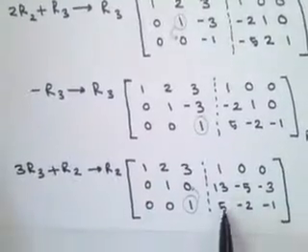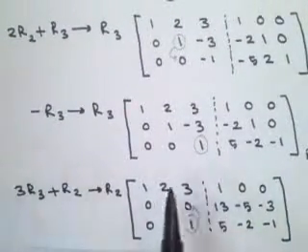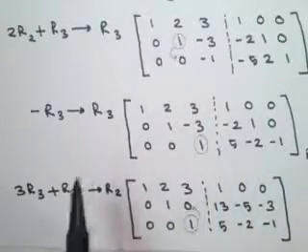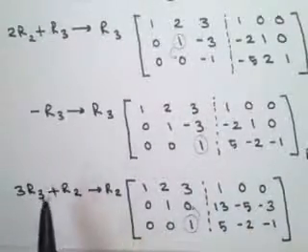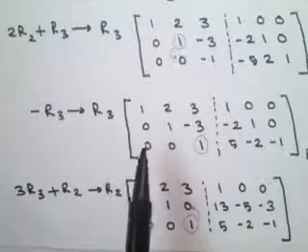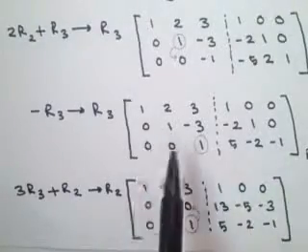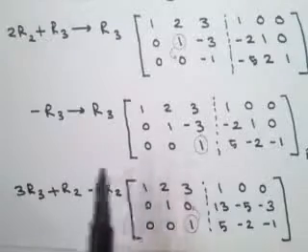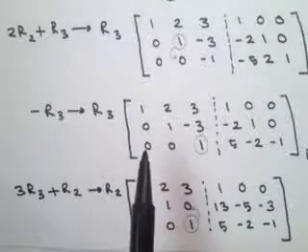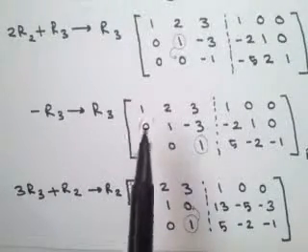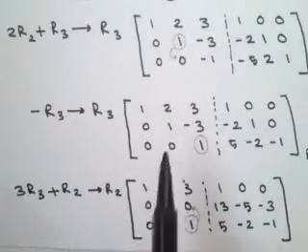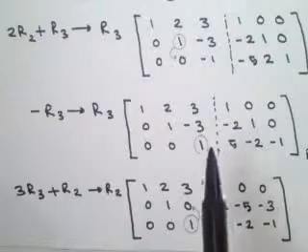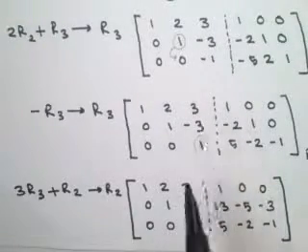And for the next step, to make all the elements above this leading one zeros, we have to multiply 3 with row 3 and add row 2. So here we can see 3 into 0 plus 0, we get 0, then 0 plus 1 we get 1, then 3 plus -3 we get 0.